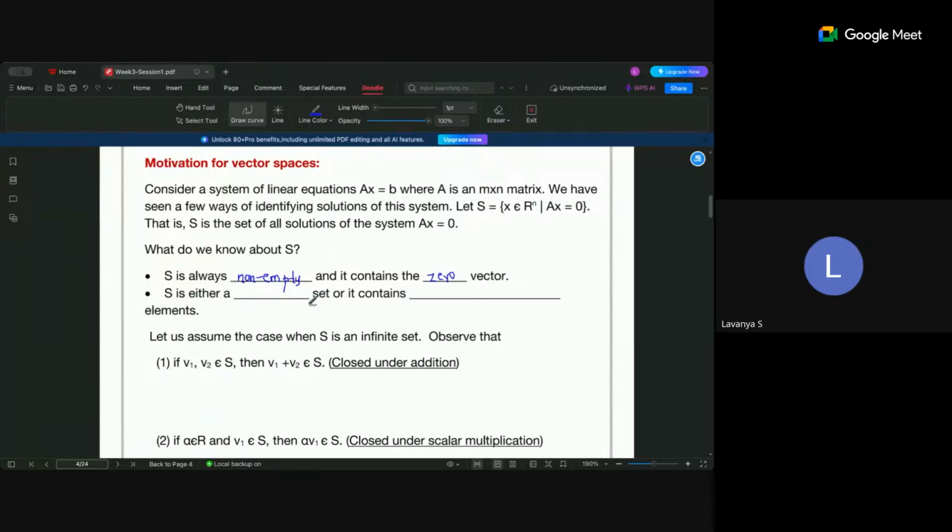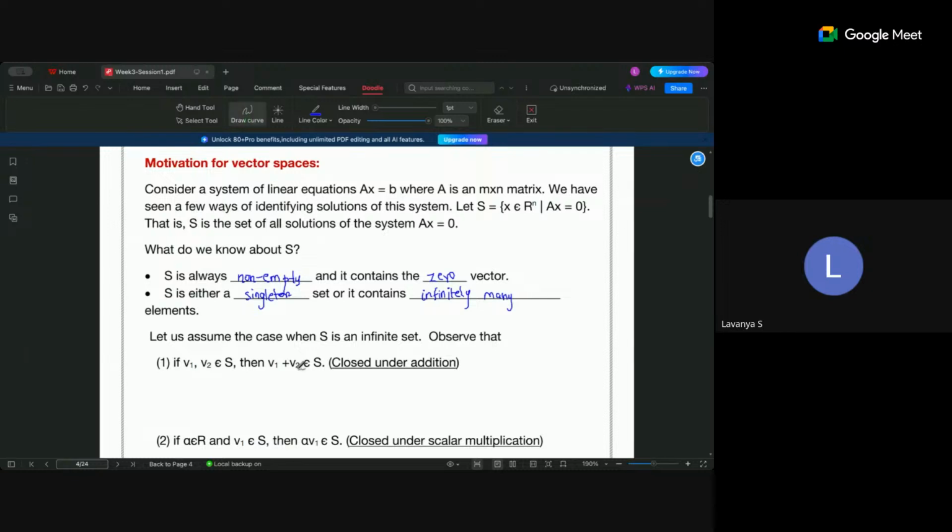So S is either a singleton set, containing only the 0 vector, or it contains infinitely many elements. These are the basic things about S.